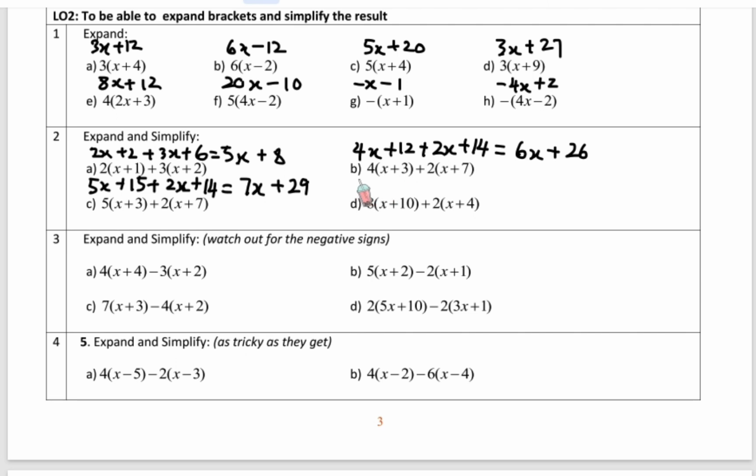For D, this will be 8x plus 80, sorry, plus 80, and 2x plus 8. So this will equal 10x plus 88.